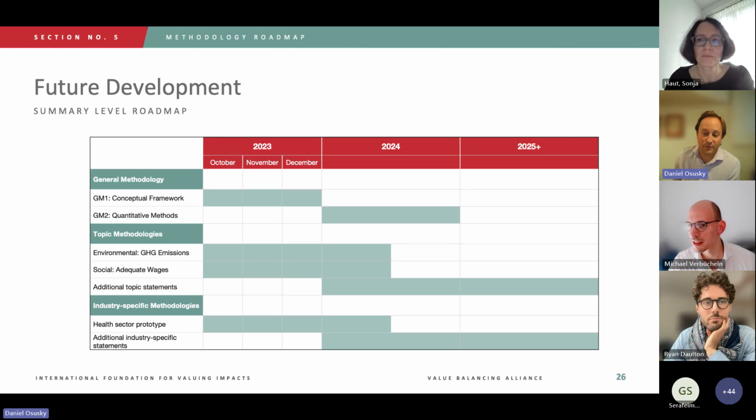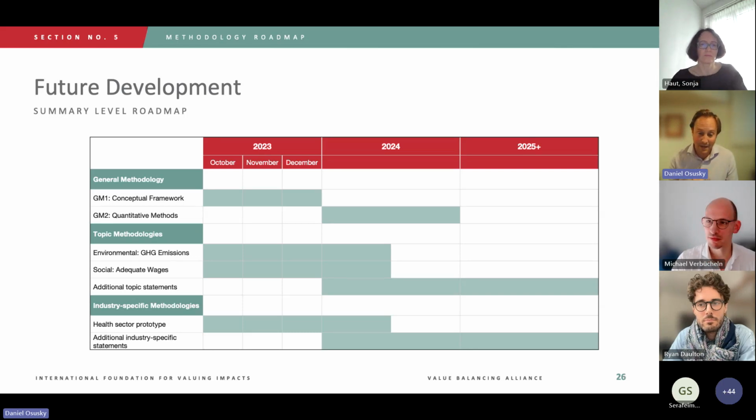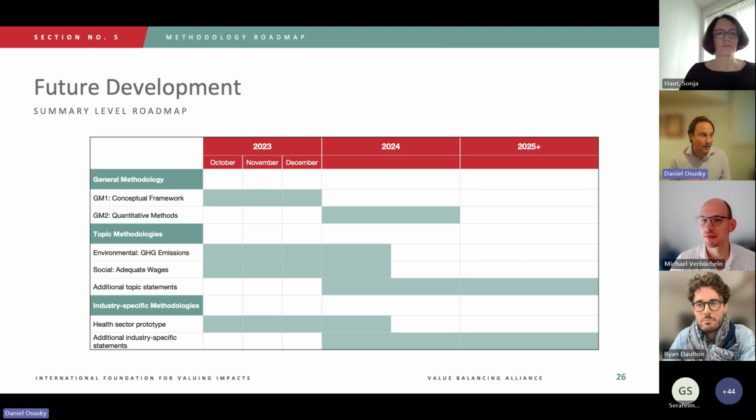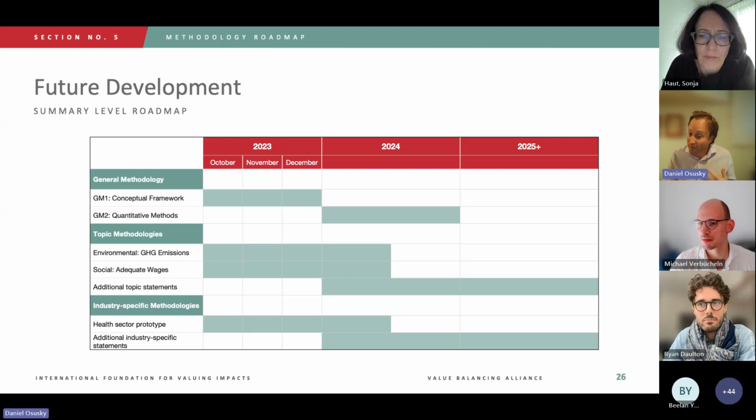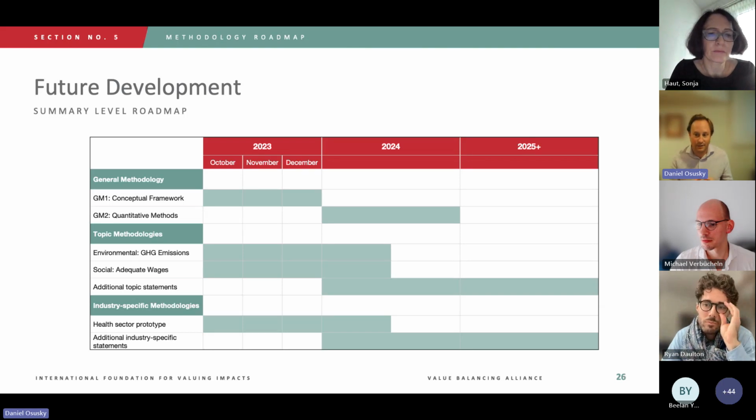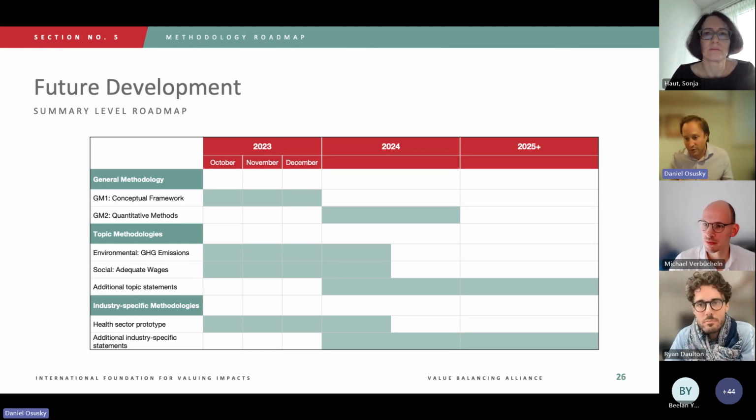And Michael, the question is referring to why we are starting with healthcare on the industry specific side. But in advance of that, there's another question regarding how our work intersects with institutions and organizations like IFRAG and ISSB in the future, and that, as George outlined at the beginning, we really aim to do work that complements and builds off of work that is happening elsewhere in the ecosystem. First and foremost, as organizations like IFRAG and ISSB are working on the metrics and the type of data that is required to be reported by corporate entities, we will be developing our methodology based off of those expected data reporting requirements and metrics.